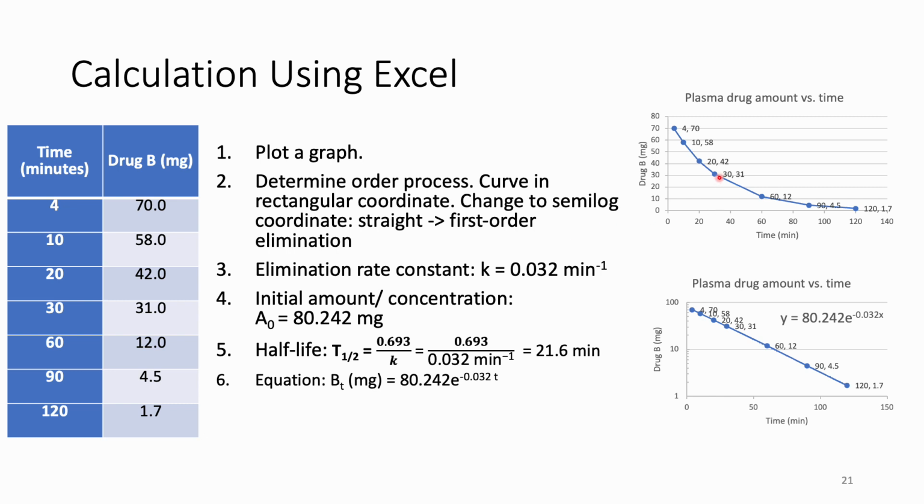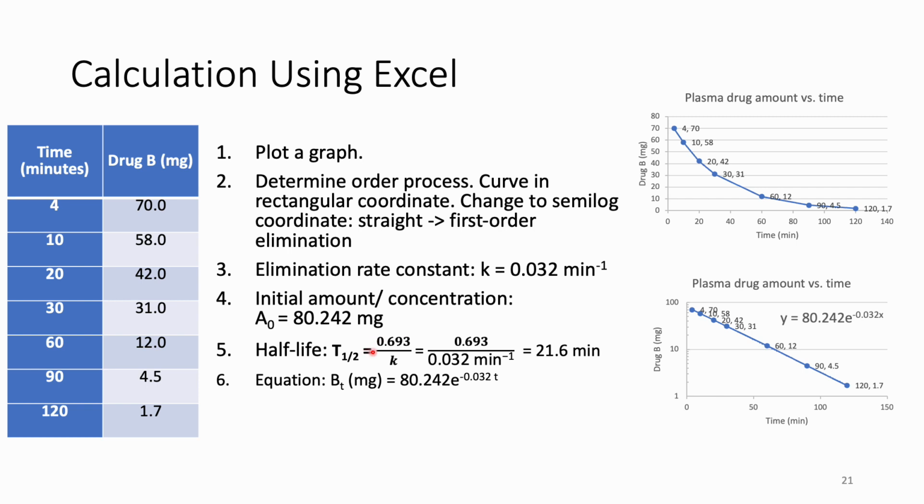So in the rectangular graph it is a curve, and in the semi-log graph it is a straight line, which of course is first-order kinetics. From the equation I got from Excel, I can see the elimination rate constant k equals 0.032 per minute, and the initial concentration from the equation is 80.242 milligram.